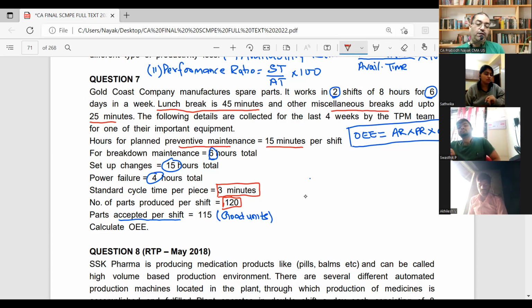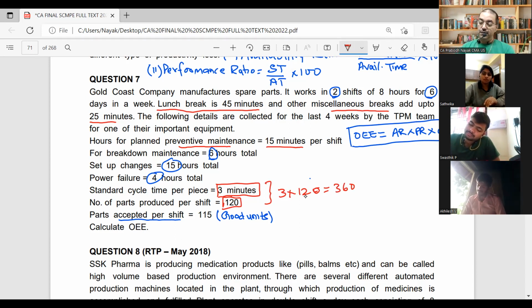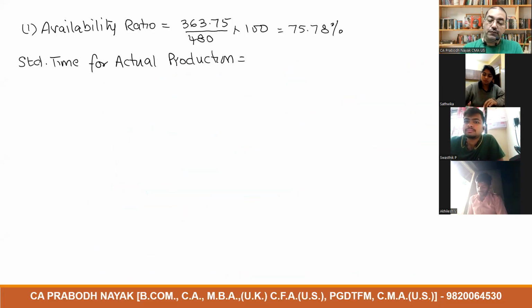So standard time for actual production is 3 into 120. That is 360 minutes.